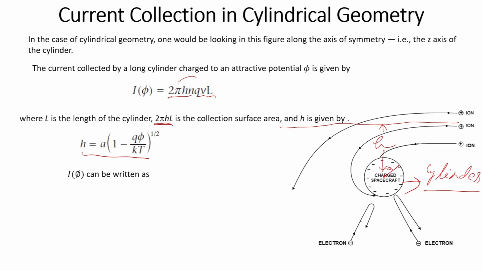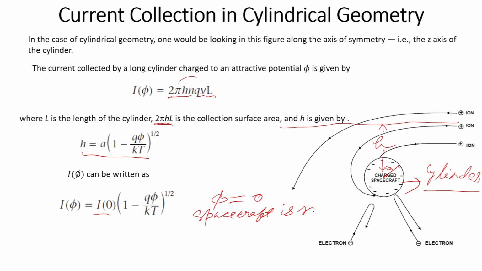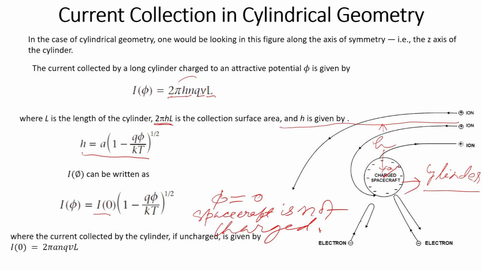So, now I can write I phi again as this equation, I phi is equal to I 0 multiplied by this, where I 0 is when the spacecraft is not charged. Spacecraft is not charged means phi is equal to 0. Then this term, excluding A, will be your I 0.